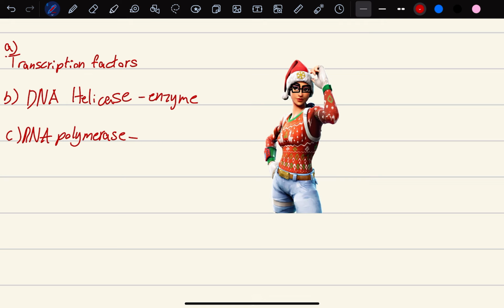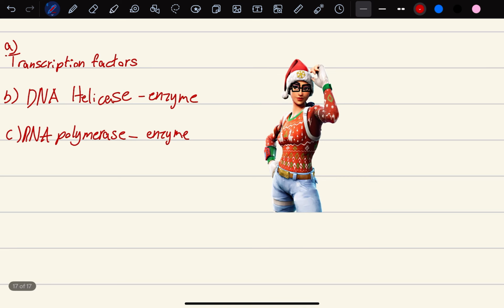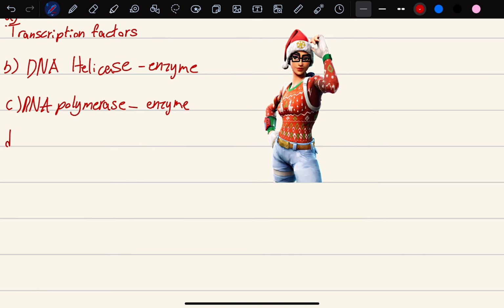The RNA polymerase is also an enzyme, and this enzyme is used to join RNA nucleotides with covalent bonds. And then we have the RNA transcript, which is the result of this.